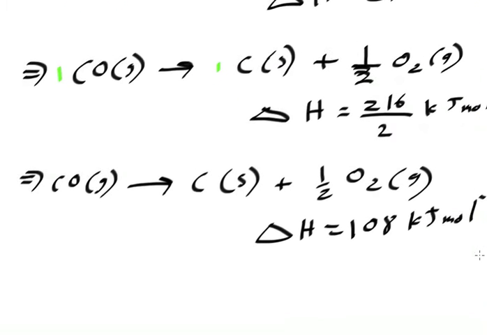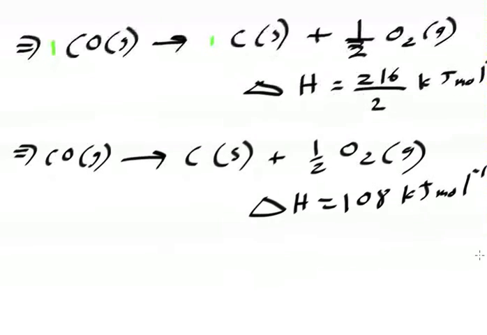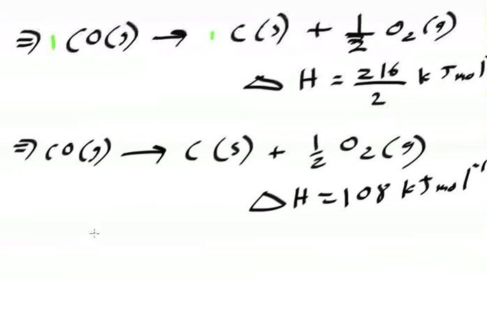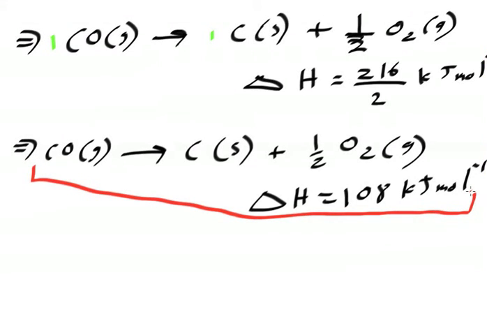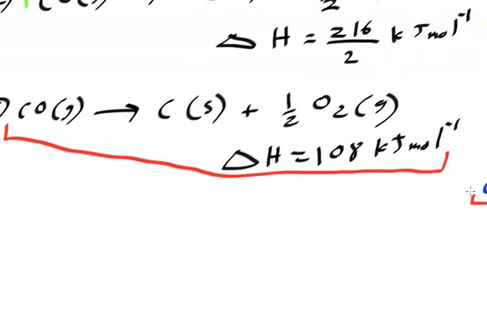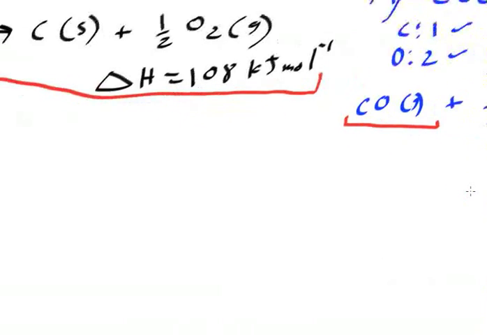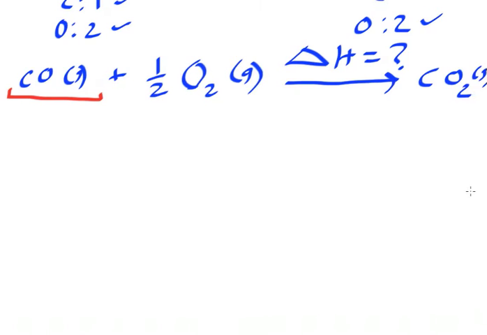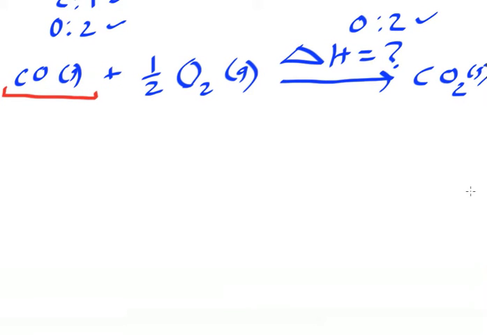Great, and this manipulated thing is something that I can use in going round the Hess's law circle. So let's do that. Let's try and remember that CO gas is going to make a C solid and a half O2. So here we go.